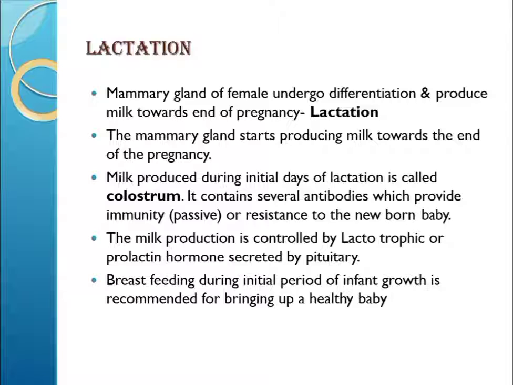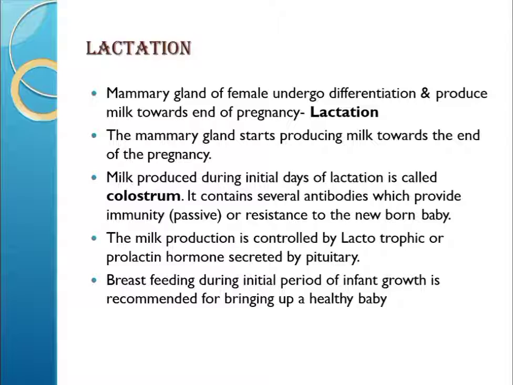Okay, immunity is formed because of the formation of antibodies, right? So the colostrum, which is the pale yellow colored milk, that is the first milk that is secreted during the initial stage after the delivery, contains the antibodies which are given to the newborn, so it is called passive immunity.